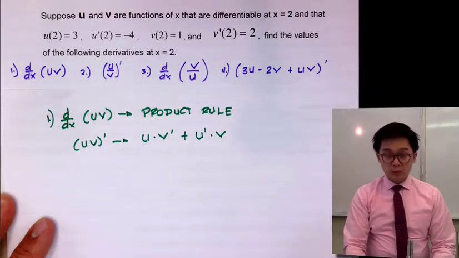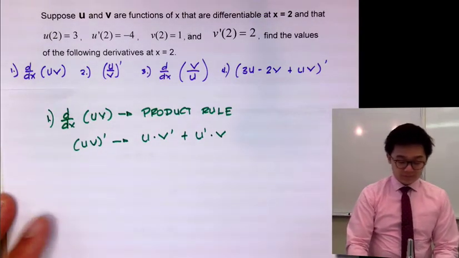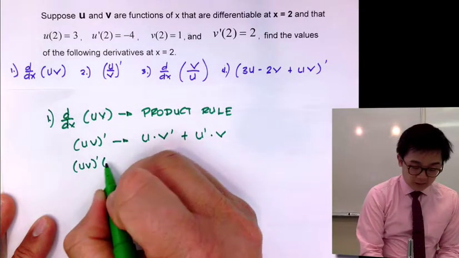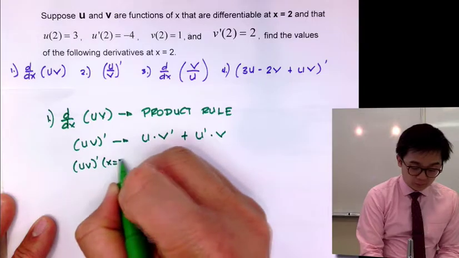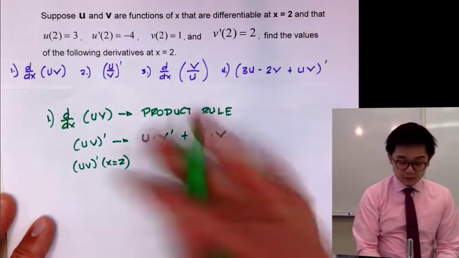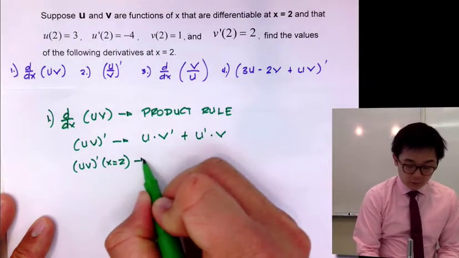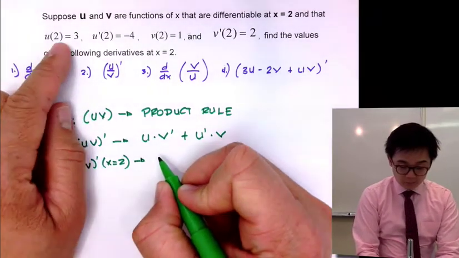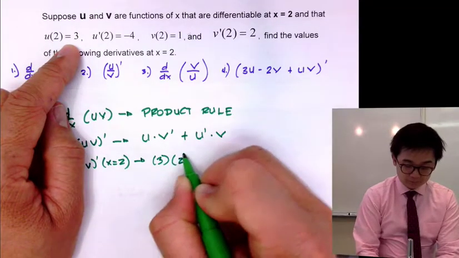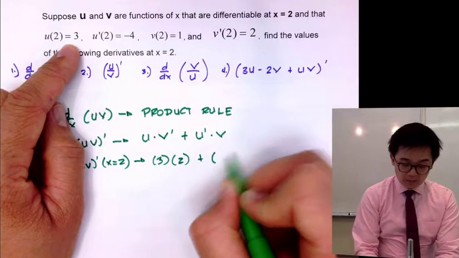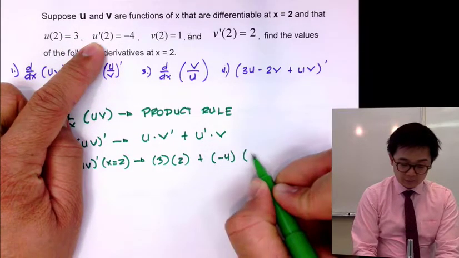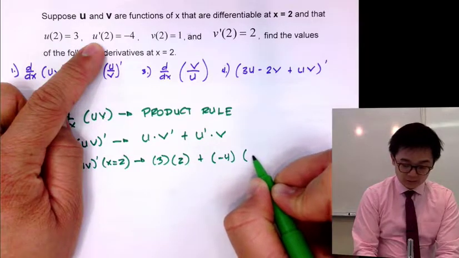So that is my product rule for u and v, and I need to evaluate it in terms of x equal to 2. And these are the values that I'm going to be using for each of my variables right here. So u of 2 is 3, v prime is 2, added to u prime, which is -4, and v is equal to 1.